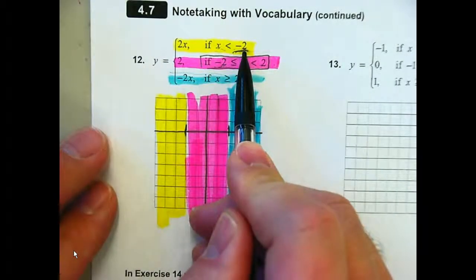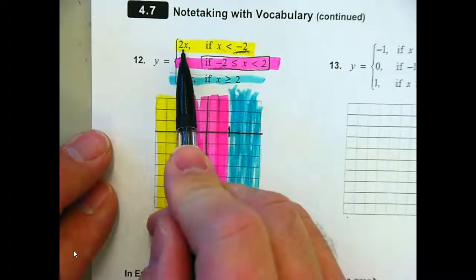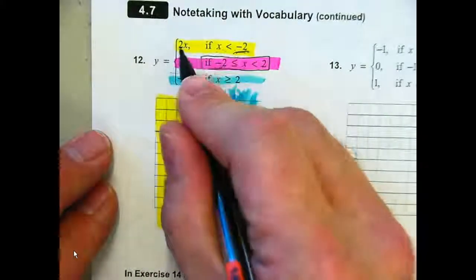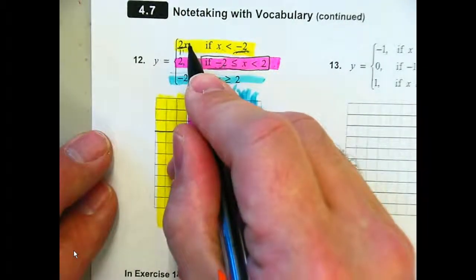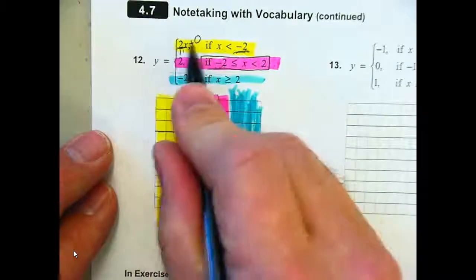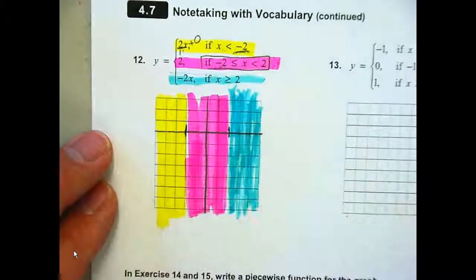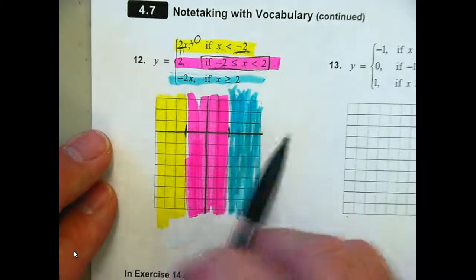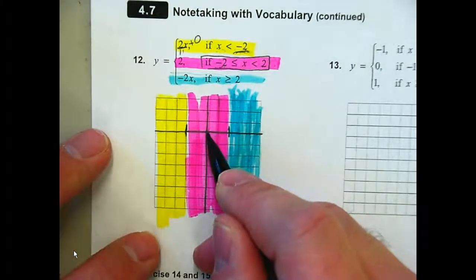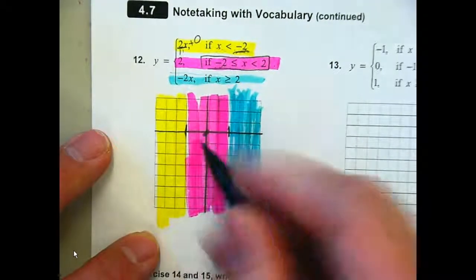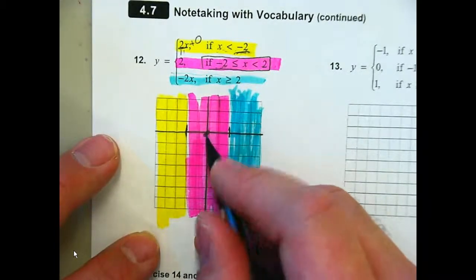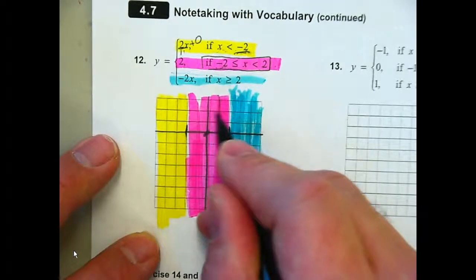So negative 2, we have the line y equals 2x. So what's the slope on this? 2. And what's your y-intercept? 0. Okay, so y equals 2x plus 0. So here's the struggle that some students have, is that when they're doing this, they're like, well, here's 0 right here. My yellow part doesn't hit that part. Well, you're right, but if you followed that line down, if you're doing a slope of 2, you'd rise 2 and run 1.